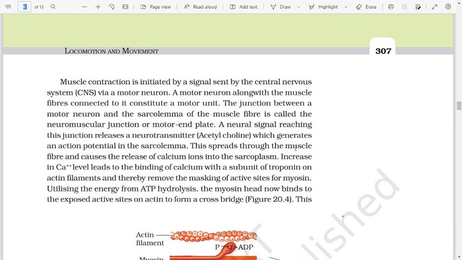This spreads through the muscle fiber and causes the release of calcium ions into the sarcoplasm. Increase in calcium level leads to the binding of calcium with a subunit of troponin on actin filaments and thereby removes the masking of active sites for myosin.